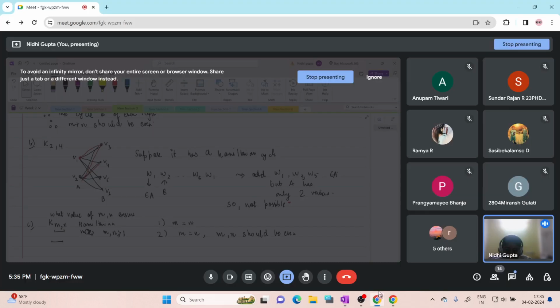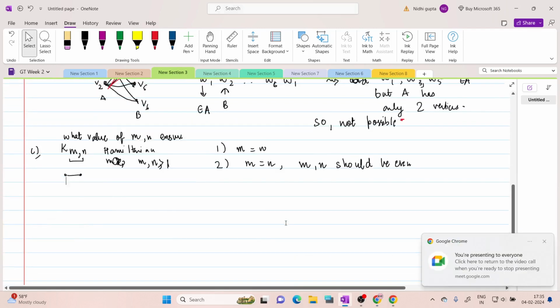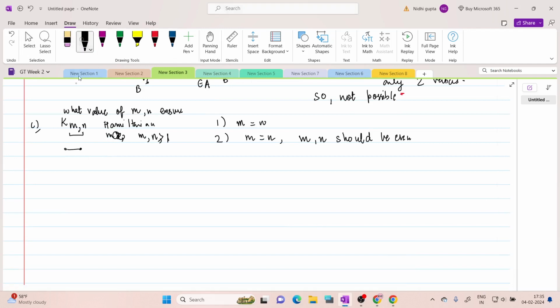So the first person said M equal to N. He didn't say that M and N should be even. So why do you think that only saying M equal to N is enough? Let's look at an example.